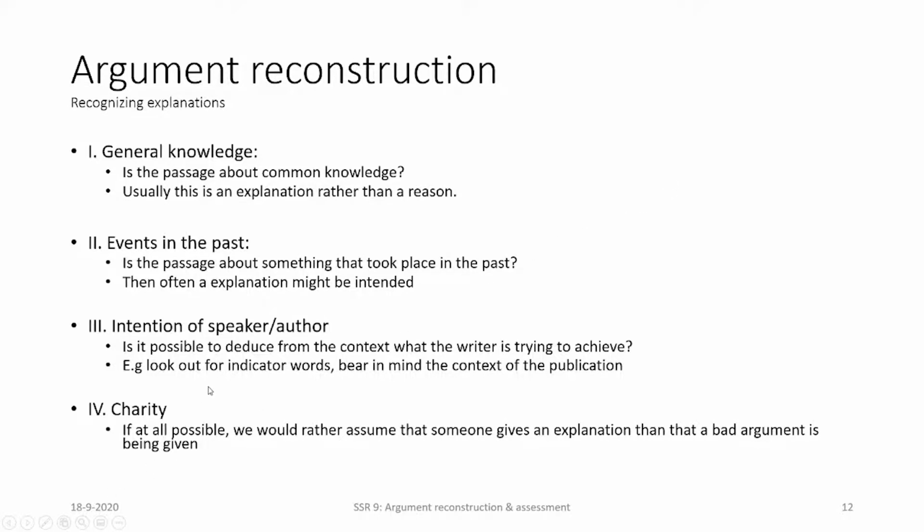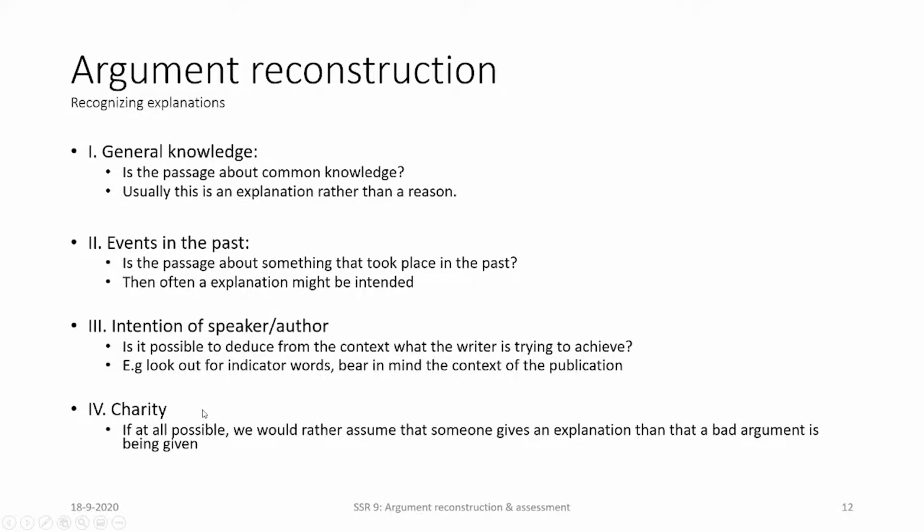And sometimes we use clear indicator words. In actual text, not that much, but in the examples I will give you, if I give you an explanation that you should recognize during the actual exam, I will make sure I use clear indicator words. And if those 3 fail, you should also apply the principle of charity.